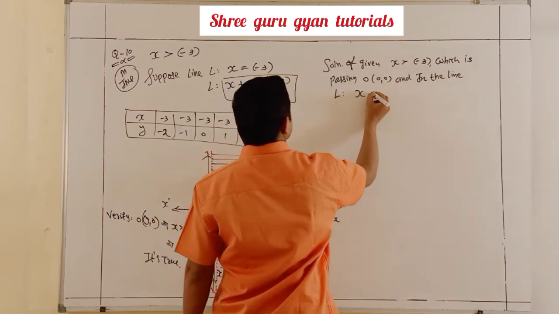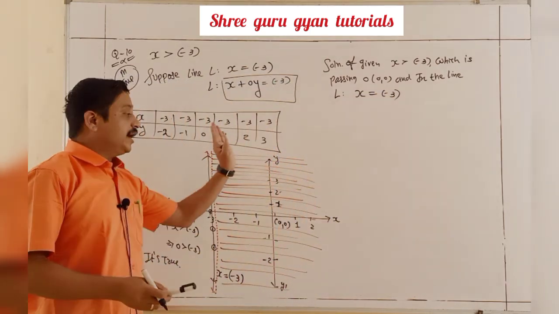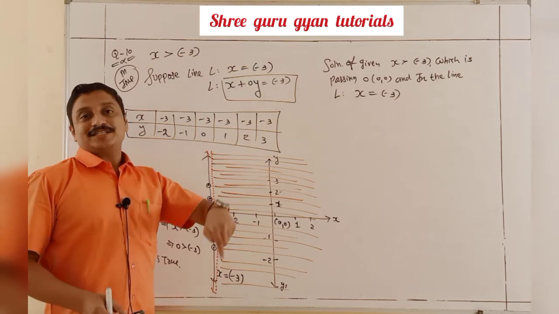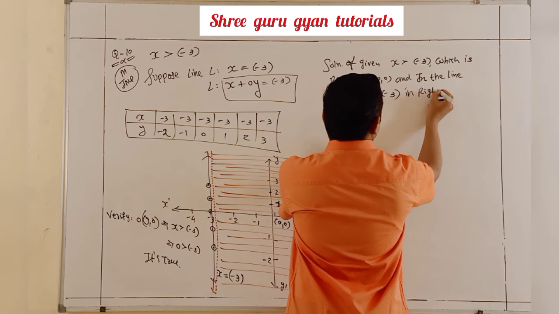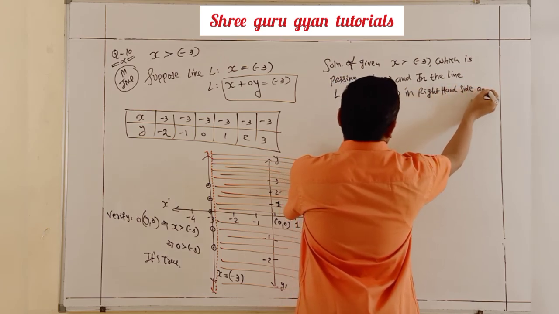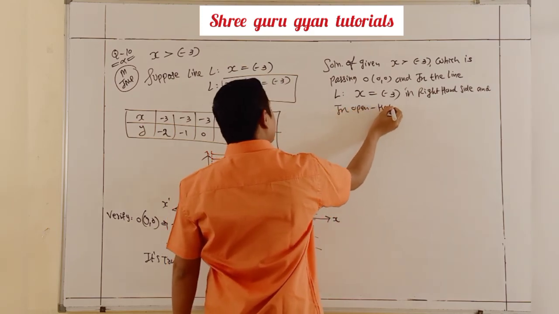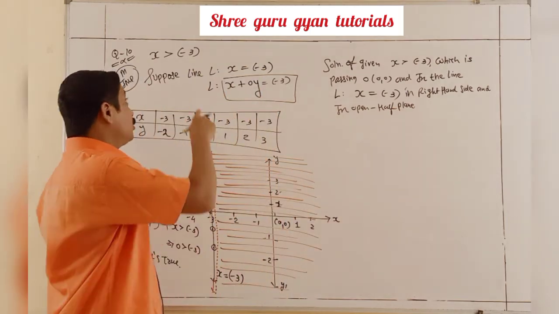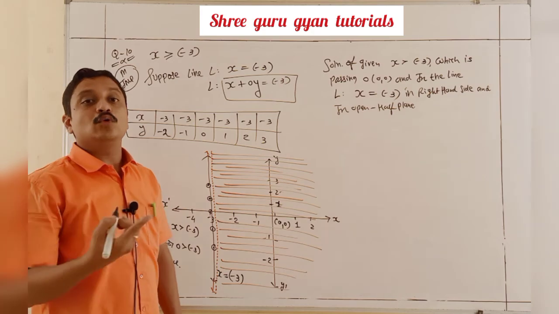X is equal to minus 3, in right hand side part, in open half plane. So in x is equal to minus 3 line, in right hand side and in open half plane. Why write open half plane? Because only greater. If you give equal to, you write closed half plane.